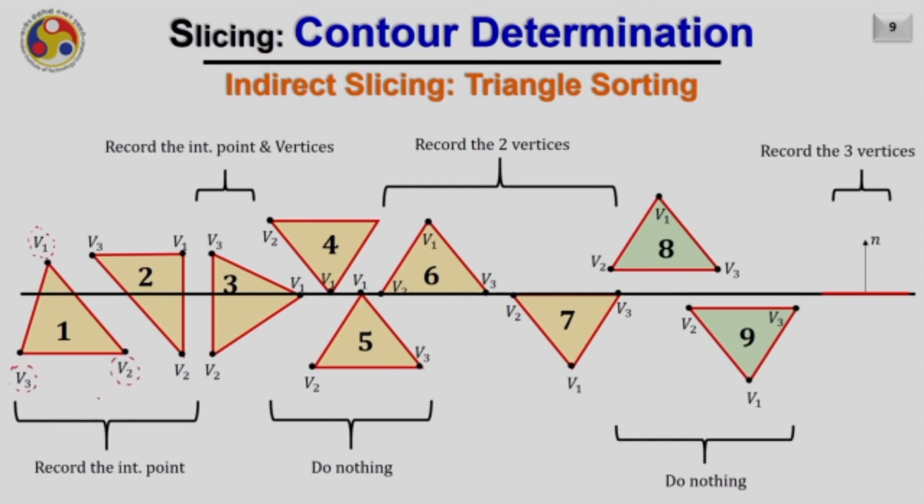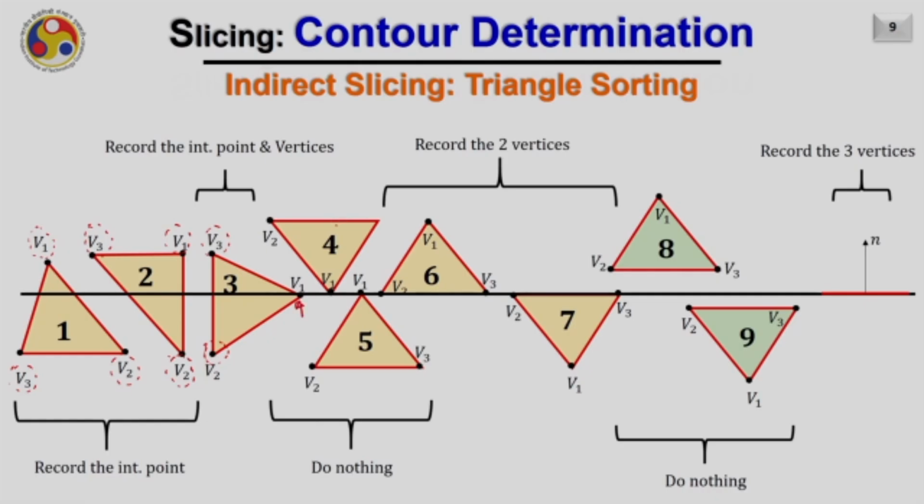Or it could be a reverse case, where two vertices are above the slicing plane and one vertex is below the slicing plane. Or it could be one vertex is above the slicing plane, another vertex is below the slicing plane, and the third vertex is exactly on the slicing plane.